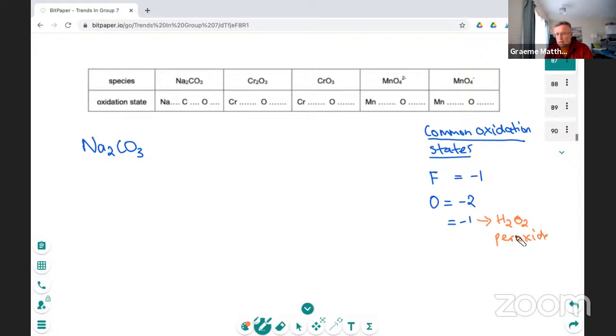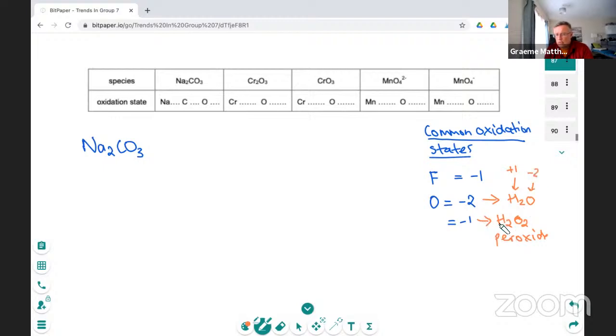And the other one is if it's an oxide. When I think of an oxide of oxygen, I just think of water, H2O. Keep it simple, chemists. Hydrogen only has one valence electron going around its nucleus, so it has to be +1. Makes sense. Therefore, oxygen, an oxide, has to be -2.